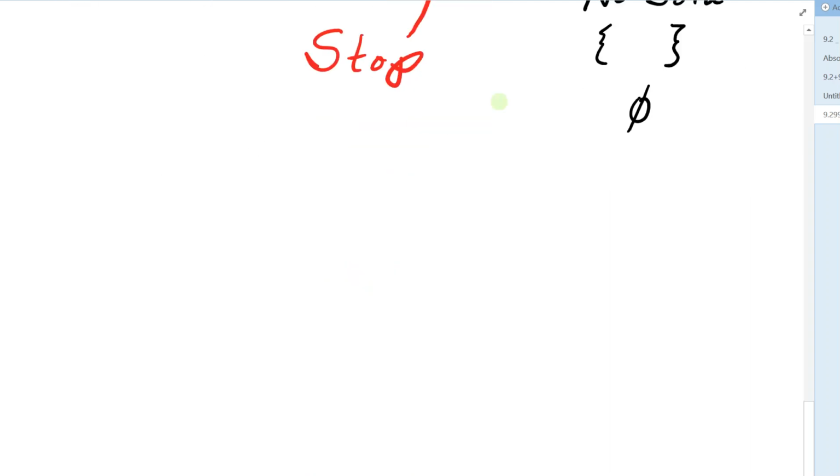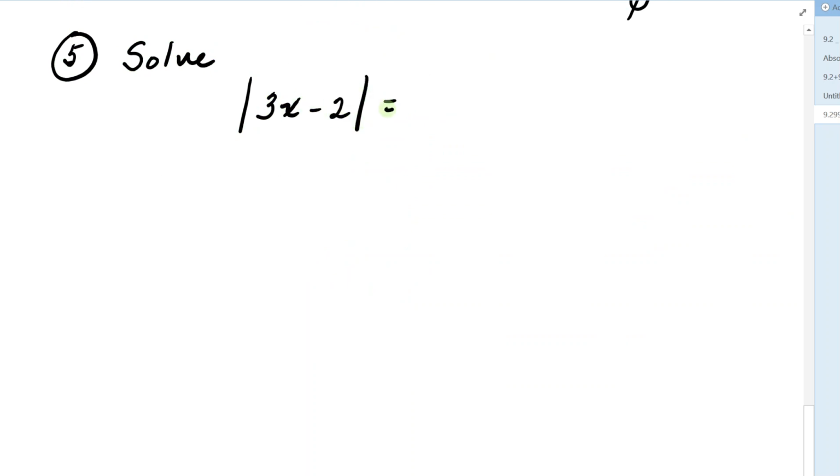Let's look at number 5. We're supposed to solve absolute value of 3x minus 2 is equal to 0. Okay, the absolute value is isolated. It's equal to 0. I only have one solution when it's equal to 0. 3x minus 2, whatever's inside, must be equal to 0.